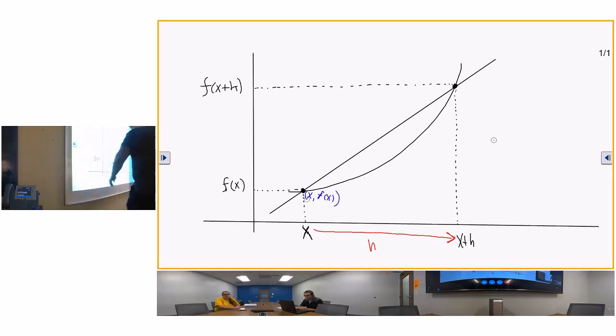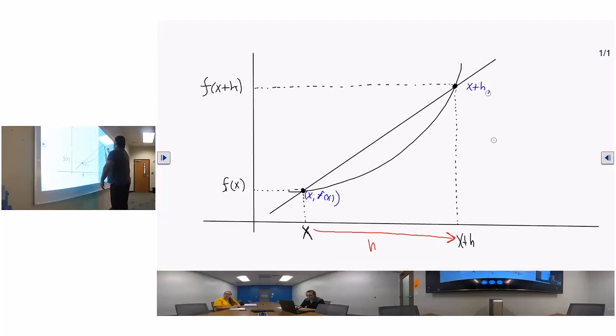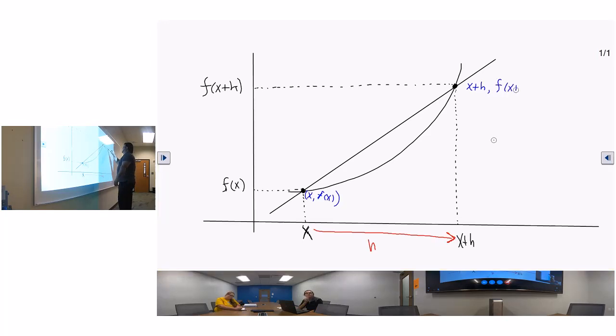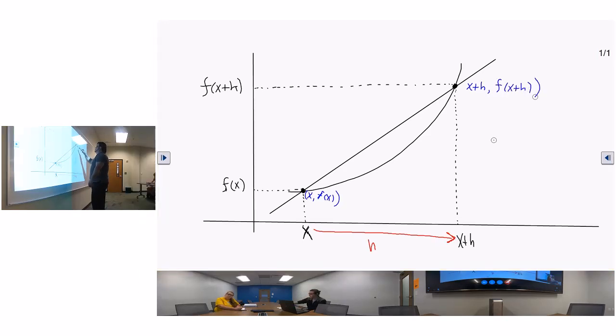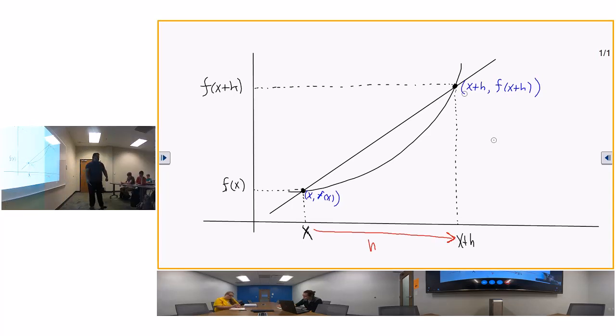And this point up here is x plus h, comma, what? f of x plus h. Everybody with me? Yes. Now, find the slope of that line. You don't have numbers, just plug in what you need to plug in. So what is slope?